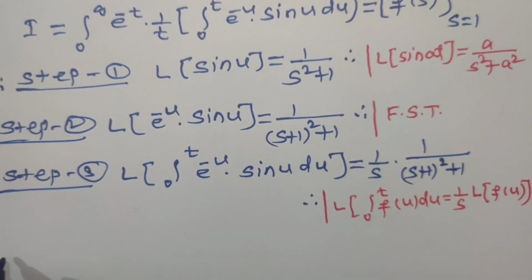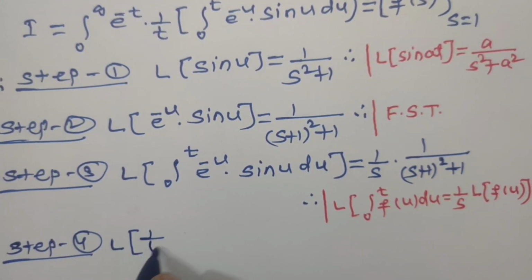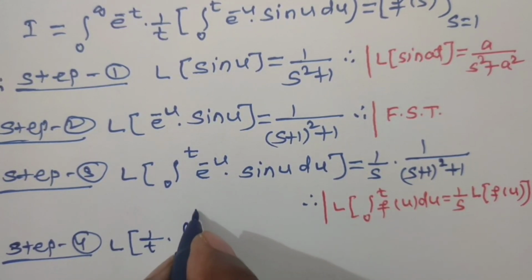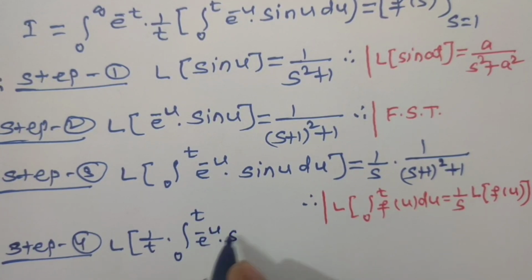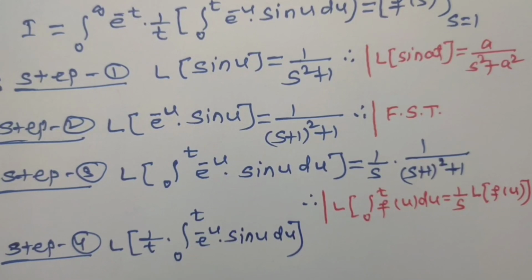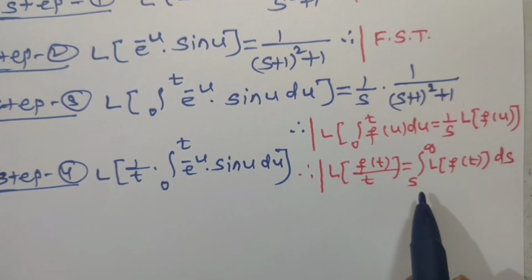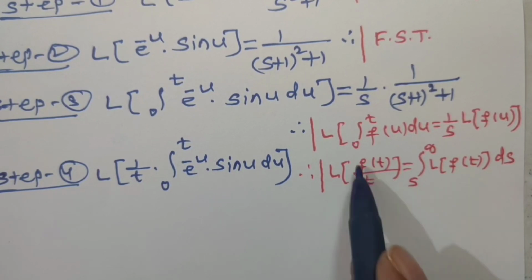So step number 4. Laplace transform of 1 upon t times the integral from 0 to t of e to the power minus u sin u du. The 1 upon t property, the divided by t property: Laplace transform of f of t divided by t is equal to the integral from s to infinity of the Laplace transform of f of t.